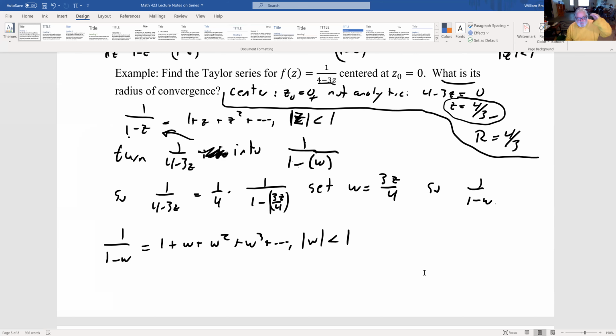Z, w, whatever you want to use as your variable, you can use v or whatever. But it works as long as this symbol here and these symbols are the same. Great. W is that. So we'll substitute that back in.